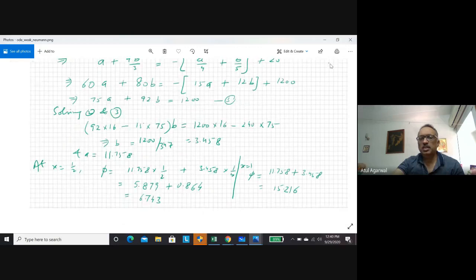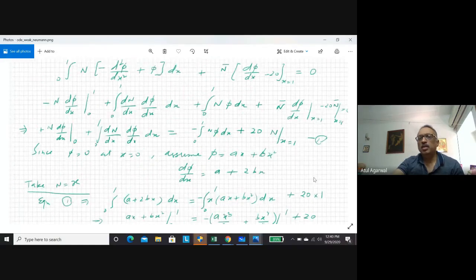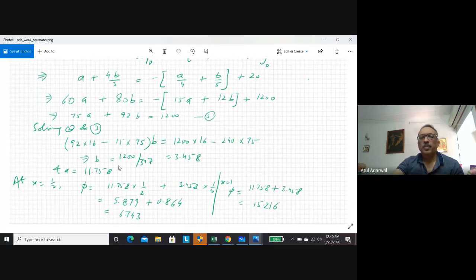Now let's put x equal to 1: a plus 2b. You see a 11.75 plus around 7, so it is coming around 18 or 19. So it is not the same as 20. So this derivative boundary condition is not exactly satisfied. Instead of 20, we are getting 19. So it's an approximate answer.